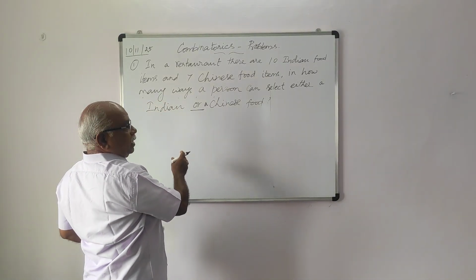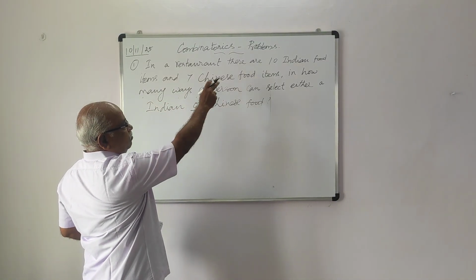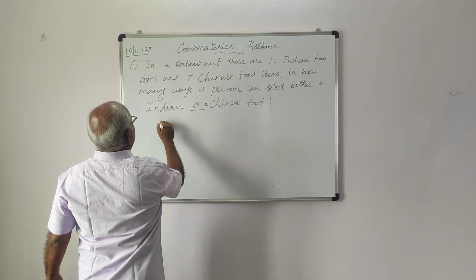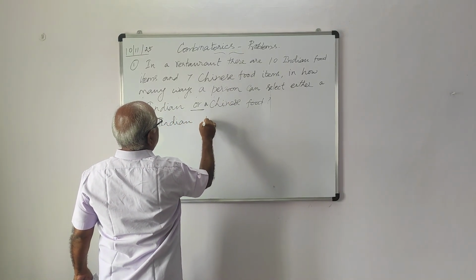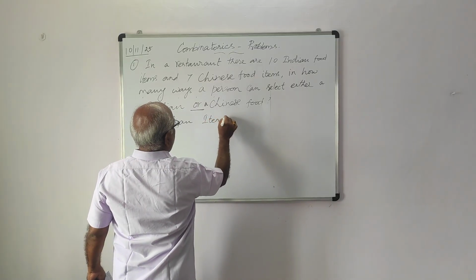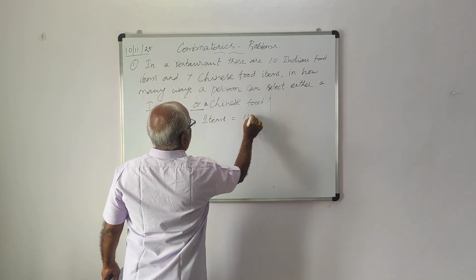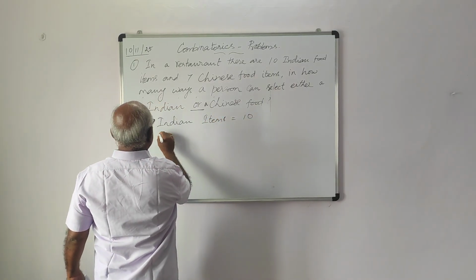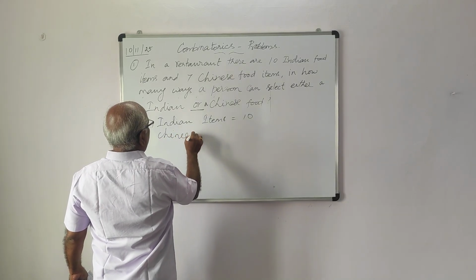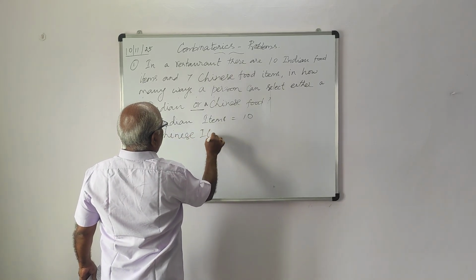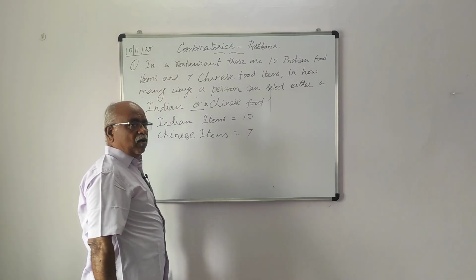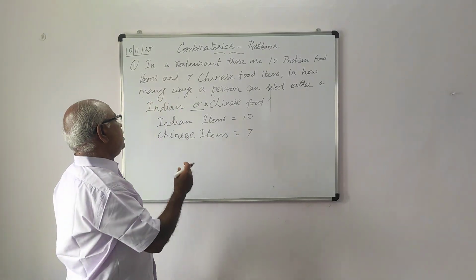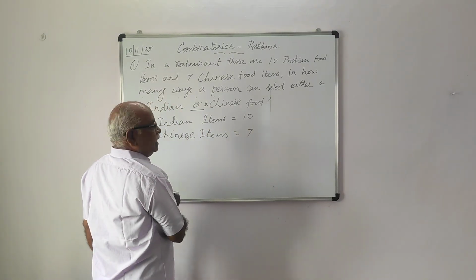Here, total Indian items are 10 and Chinese items are 7. A person can order either one Indian item or one Chinese item.